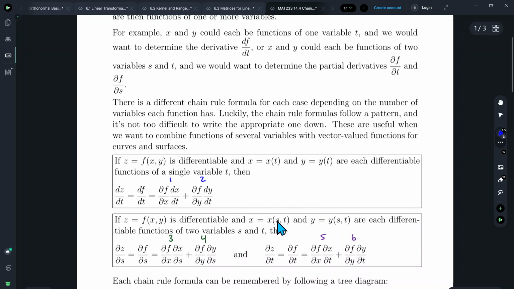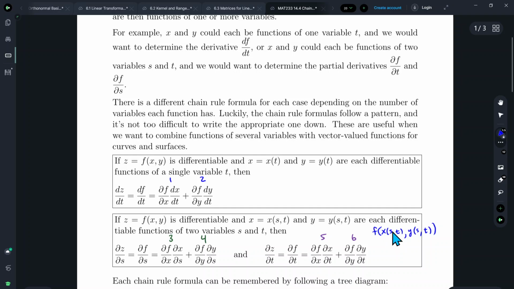So now if you perform the substitution, it'll be f of x of s comma t, and then you plug this in for y, so y of s comma t.